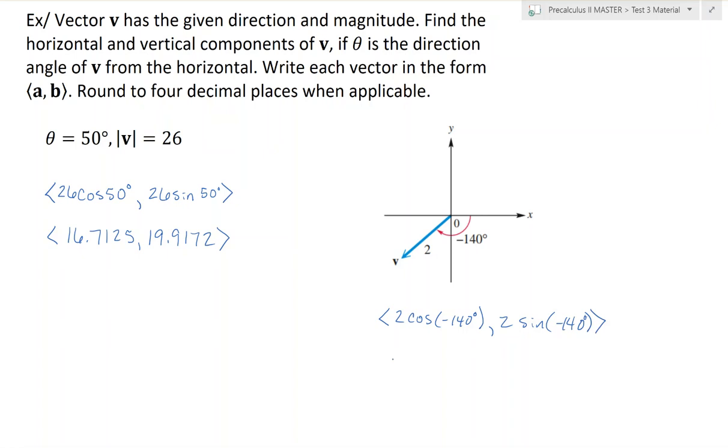And putting that into the calculator, I get negative 1.5321 comma negative 1.2856.